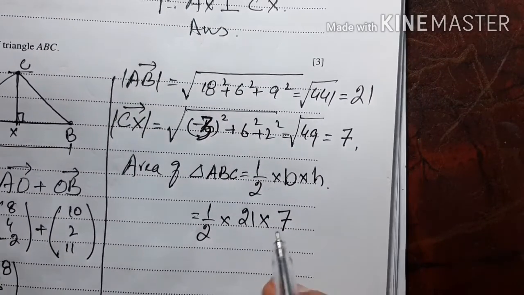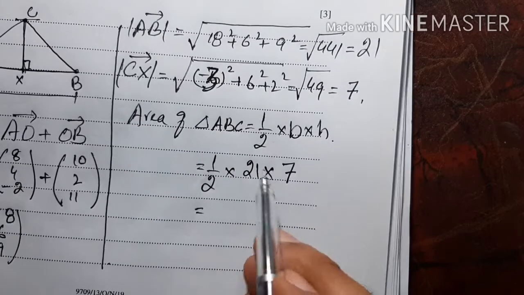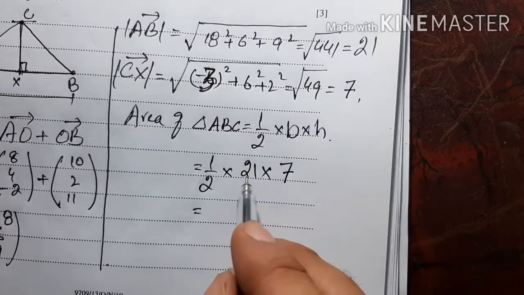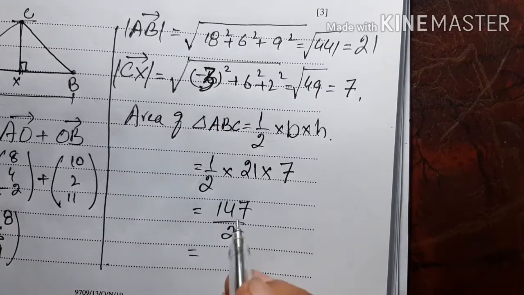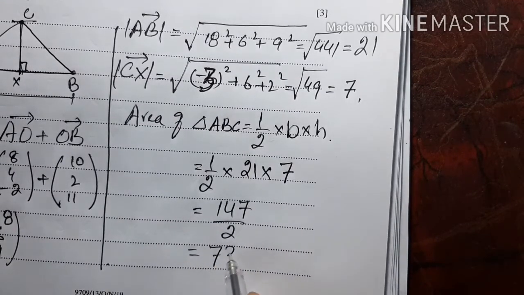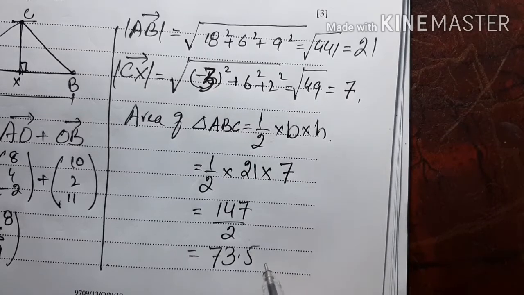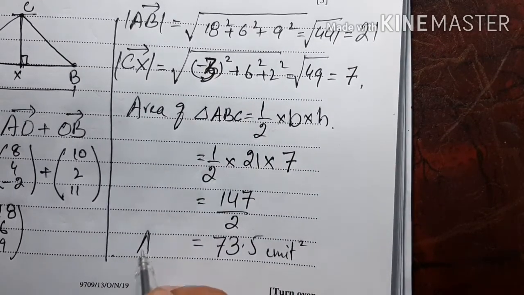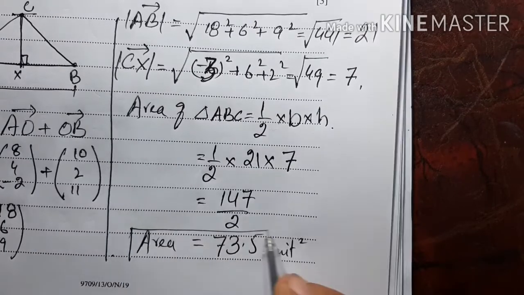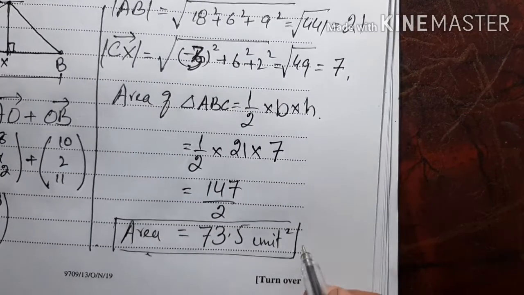So it will be 21 multiplied by 7, 147 over 2, or 73.5 units squared. This is the area. This is our answer.